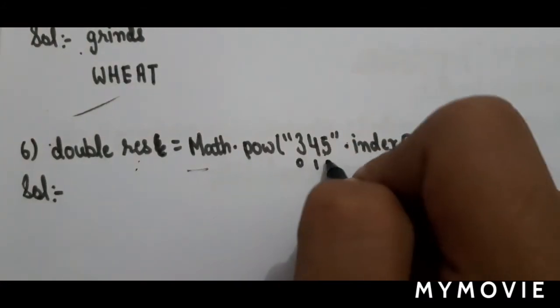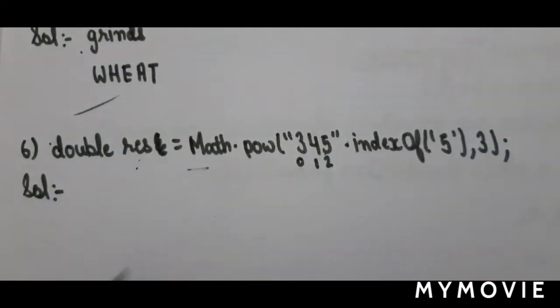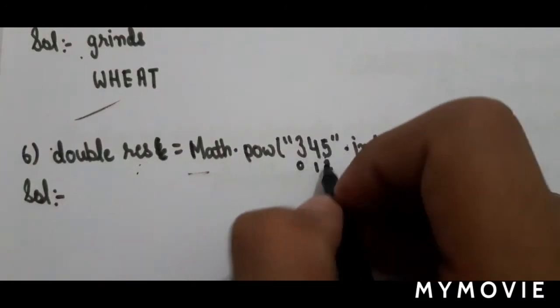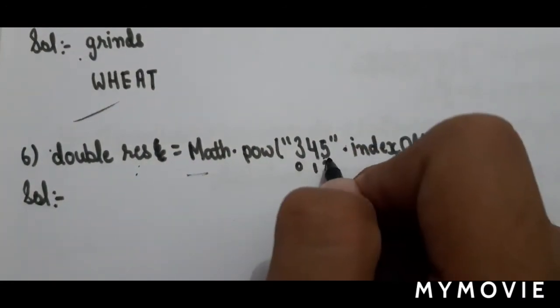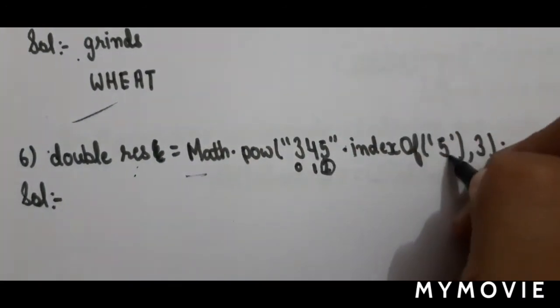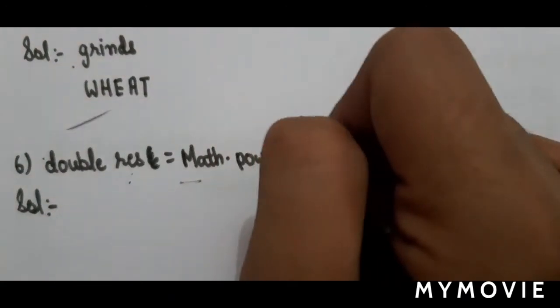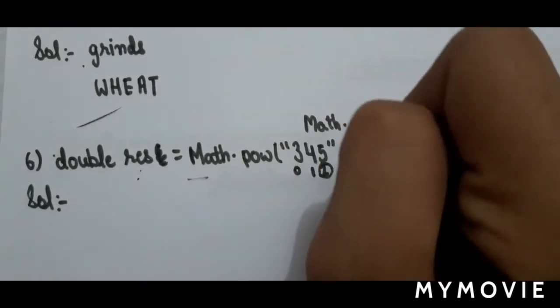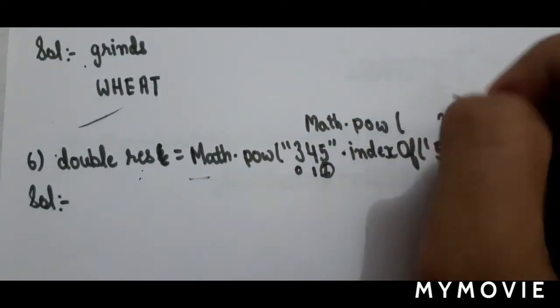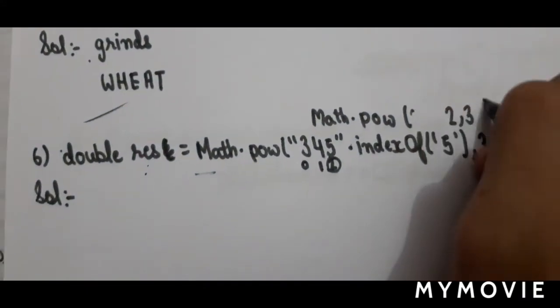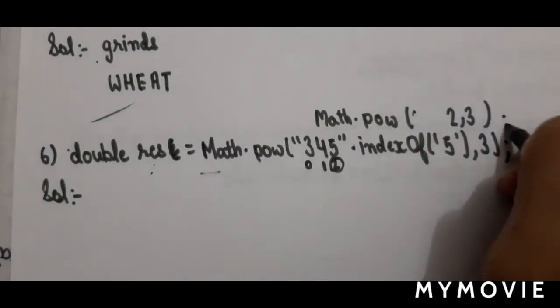It starts from 0, 1 and 2. So 5 is in the second place. So here the answer will be 2, 3. So it will be Math.pow(2, 3). This will be our answer.